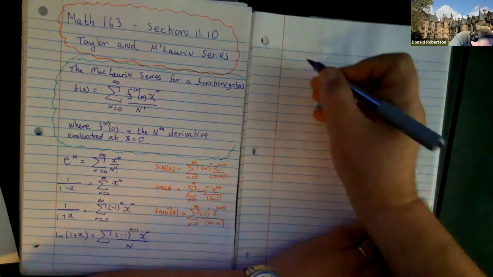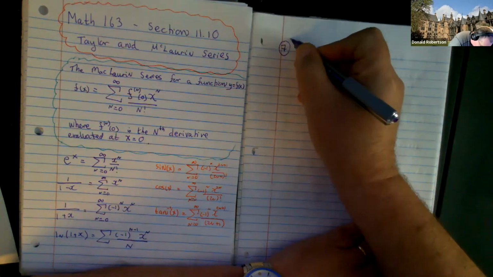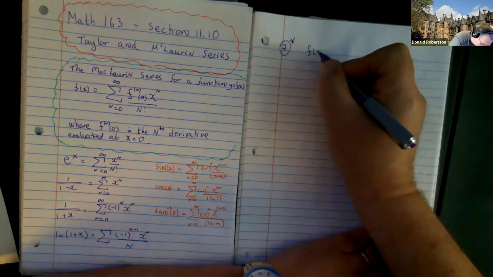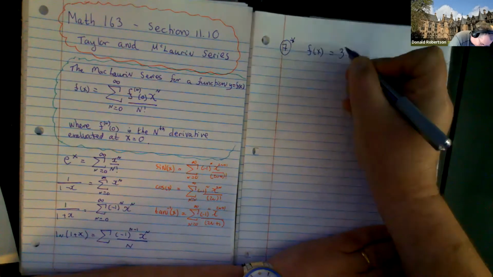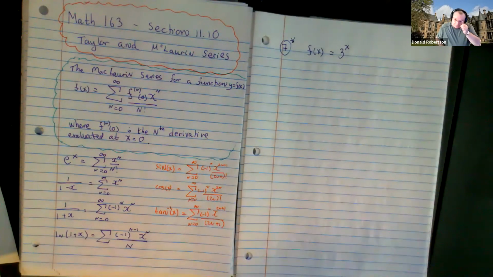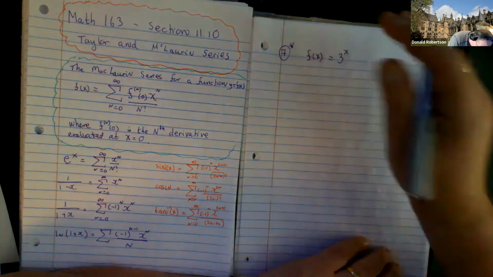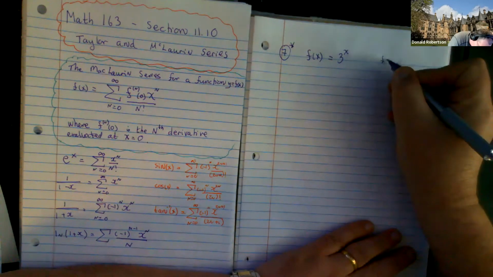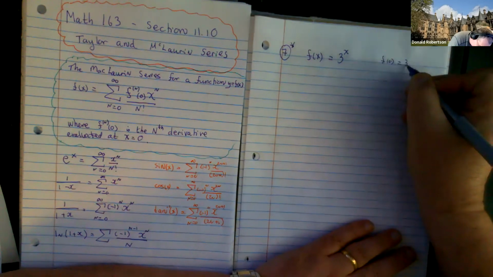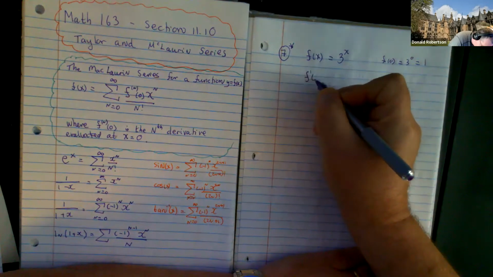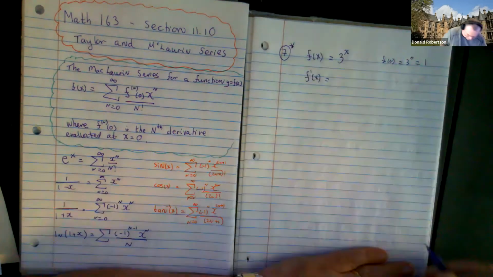So I'm going to do from scratch the Taylor series for 3 to the power of x. Now, since it's a Maclaurin series, we're going to find that one. Here's the function, and then we're going to find the first derivative.